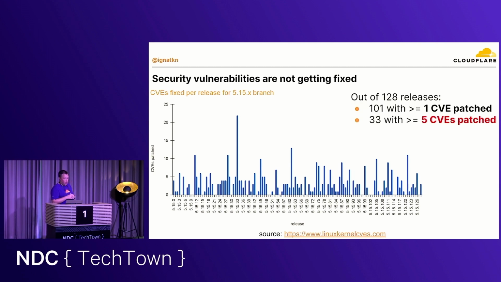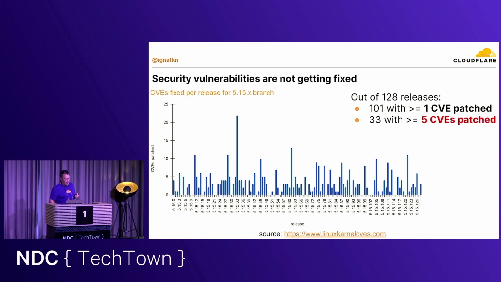Out of 128 releases for which data is available, 101, almost 80%, have at least one publicly known CVE patched. And 33 releases, roughly 25%, have more than 5 publicly known vulnerabilities patched in the kernel.